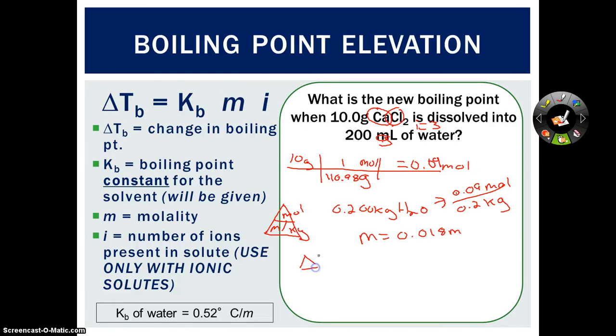Delta T equals Kb, which is 0.52, times molality, times 3. 0.52 times 0.018 times 3.